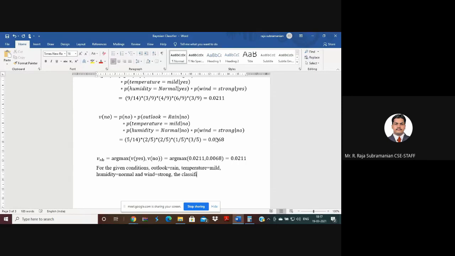The Bayesian classifier's classification is equal to yes.